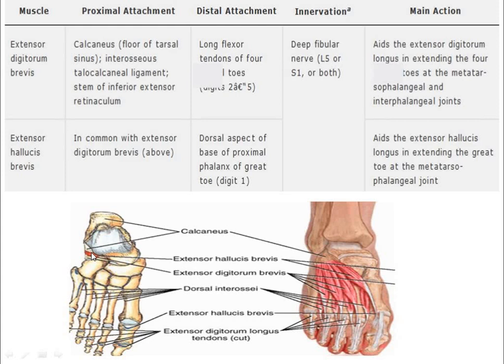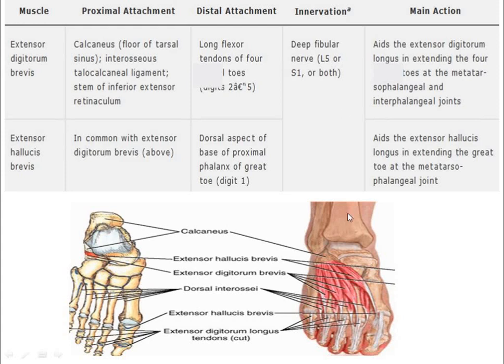So the extensor digitorum brevis goes and attaches to the long tendons of the lateral four toes, that is extensor digitorum longus. As far as hallucis brevis, it goes and attaches to the dorsal aspect of the base of the proximal phalanx of the great toe.